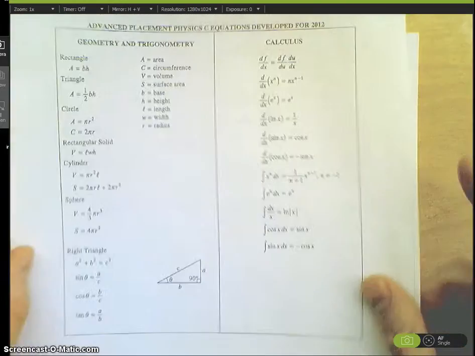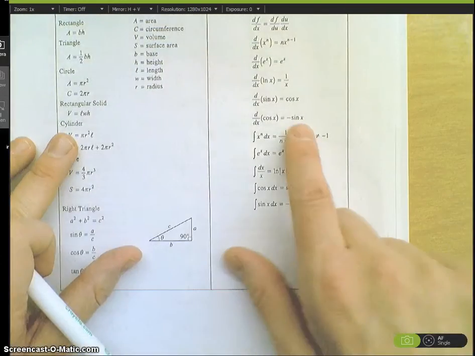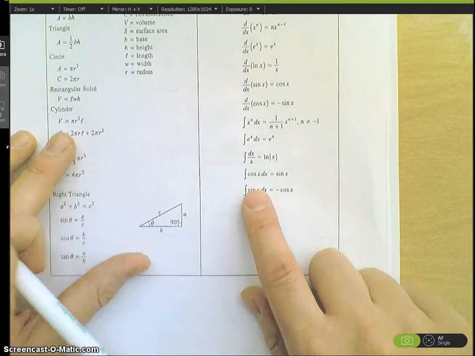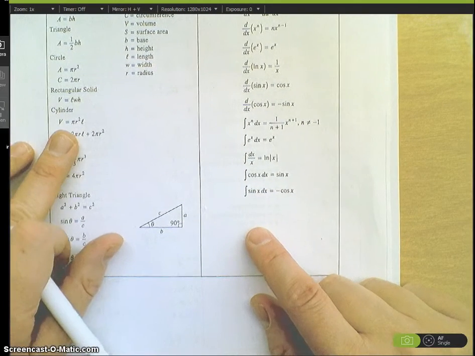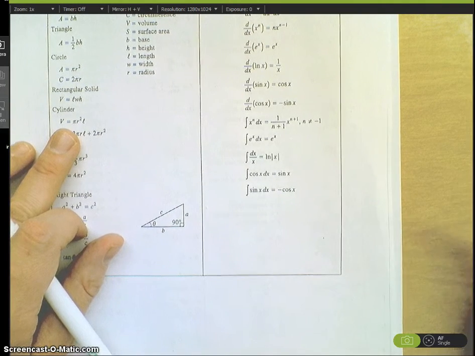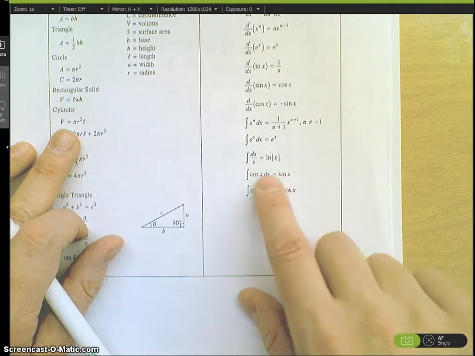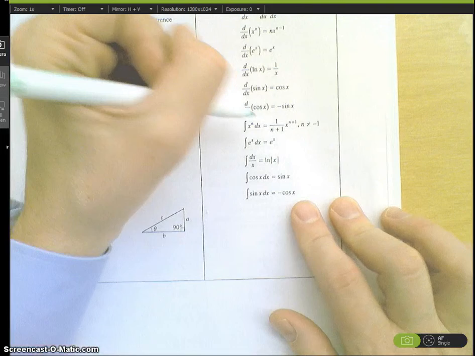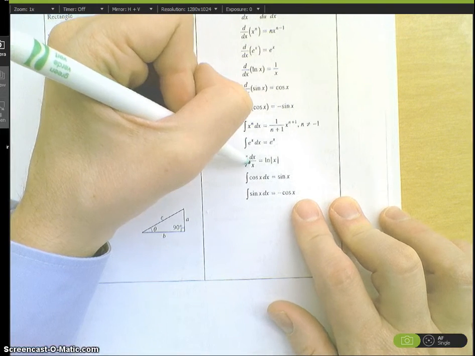Now, when doing integrals, the nice thing about the AP exam is it's really a baby calculus. The hardest thing you'll ever have to do is a U substitution. In this case, we're going to be using this integral and this integral.